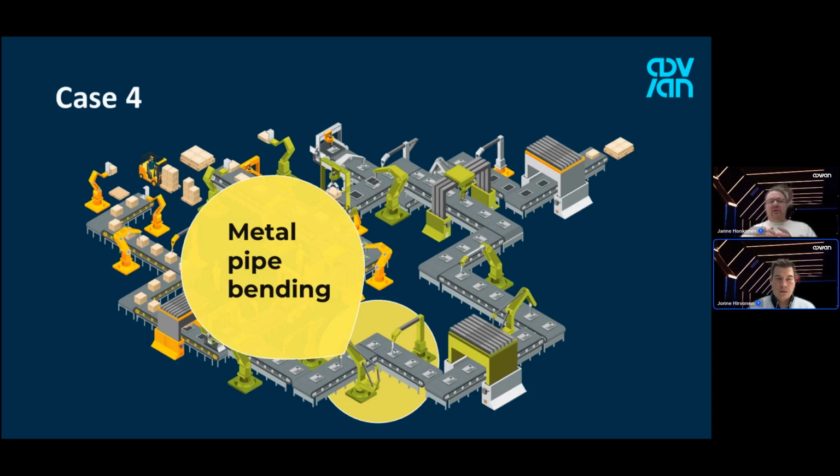So in case of any issues in the shape or tolerance of the component or pipe, the feedback is immediately given back to the bending machine. And then the automation system is informed whether this pipe can proceed to the welding stage or not, which means it's scrap.